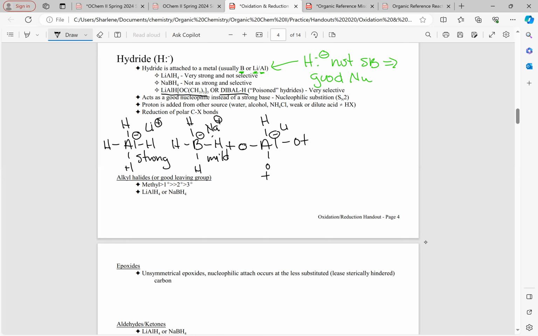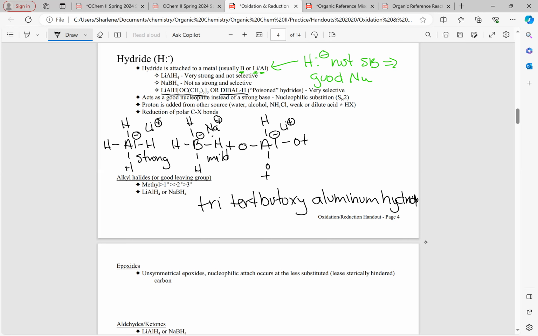And so there's the lithium. It doesn't have a fun name that's used throughout, but I'm going to run out of room. This is a tri-tert-butoxy aluminum hydride.